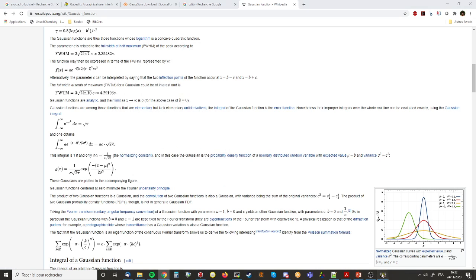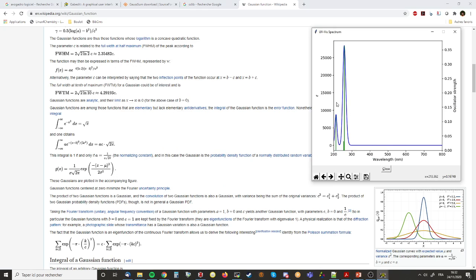But for example, if you see that your theoretical computed spectra is too narrow, you can augment the half width and full width at half maximum, and that means that your Gaussian will be wider, but it will go lower, and the integral of your Gaussian will always be the same and depends only on the oscillator strength.